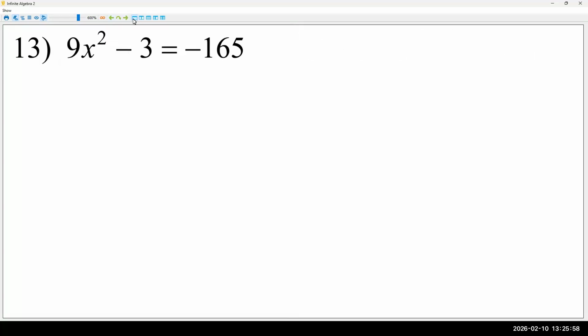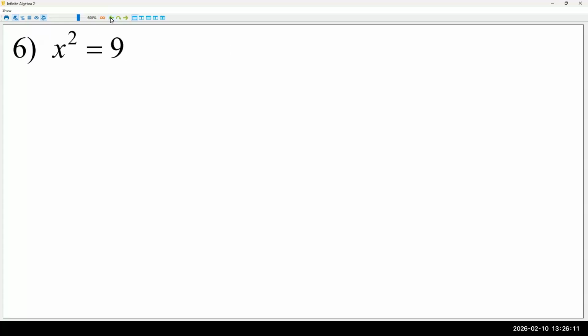So this is number 13, okay? Now, I know I skipped quite a few, and that's because all the problems are like number 13. Actually, you know what, I lied. Well, we'll do number 6. I'll do number 6 and number 13, even though number 6 is super easy.